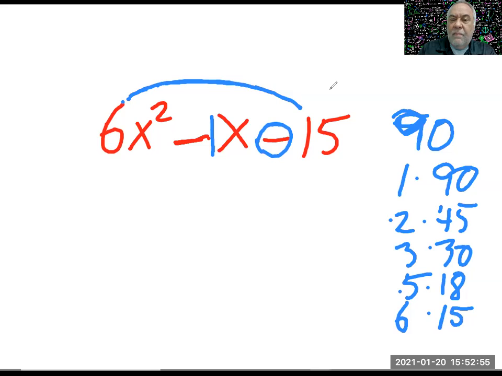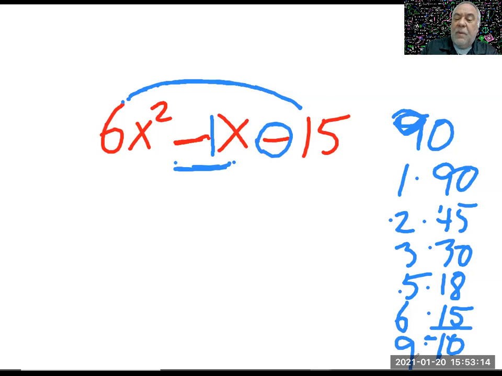But really, when it comes down to it, it's 9 and 10. They differ by 1, which is what we're looking for over here. One of them has to be negative. Since this is negative 1, it is positive 9, negative 10.